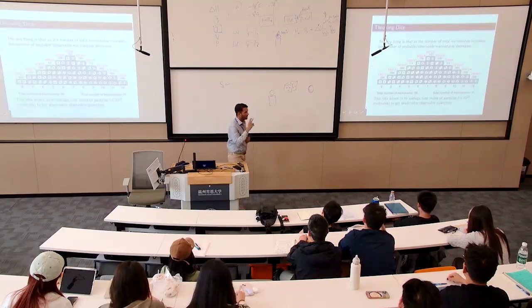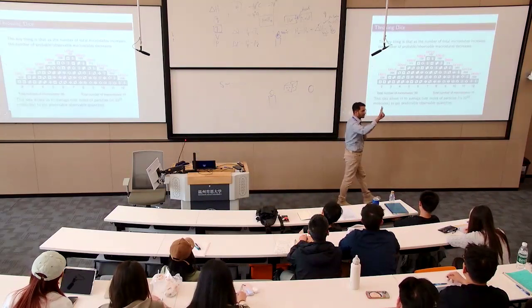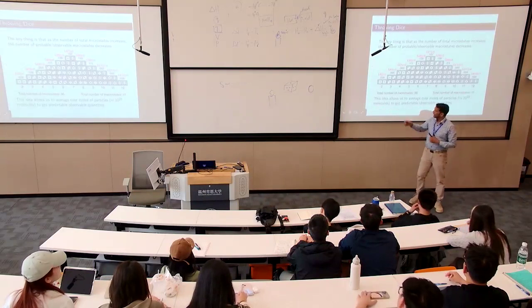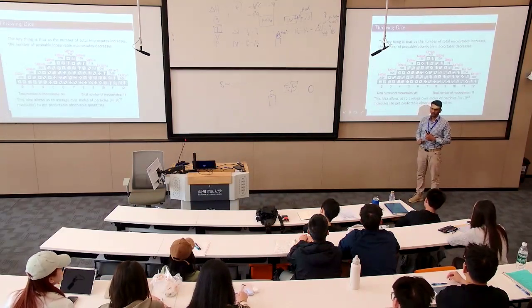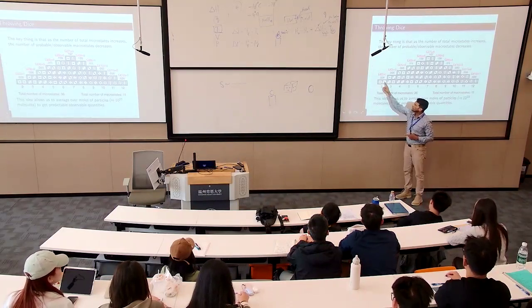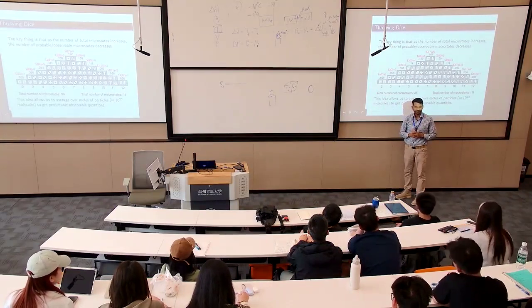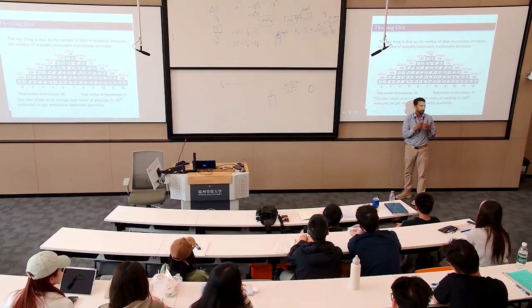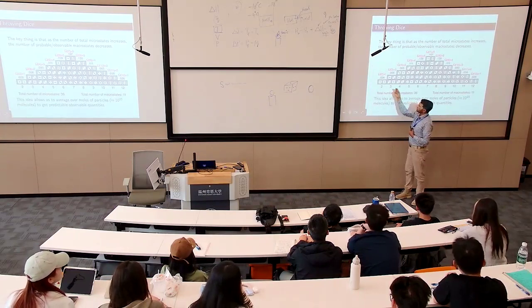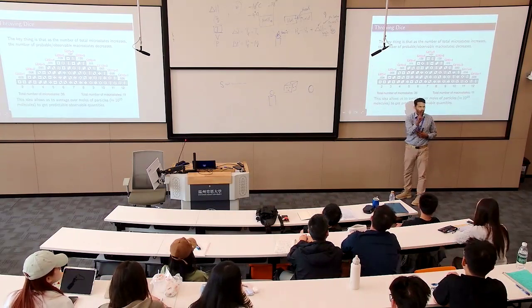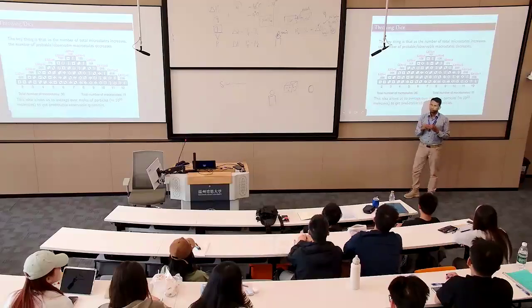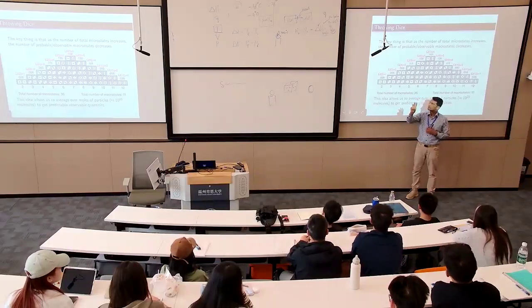Okay, students, if you have two dice and you toss them, how many chances are there that both show one? Only one possibility. If you roll the two dice, how many chances do you get a total of 3?